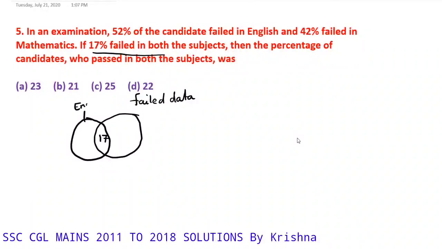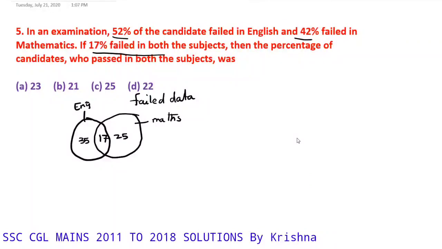and here this part represents English, this part represents mathematics. So here in English, total 52% has been failed. So 35 plus 17 gives us 52. And in maths, 42 failed. So 17 plus 25 gives us 42.